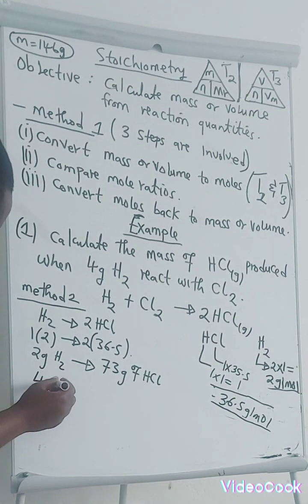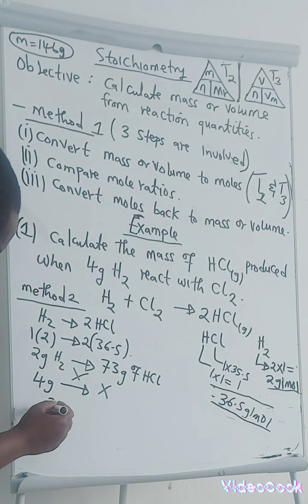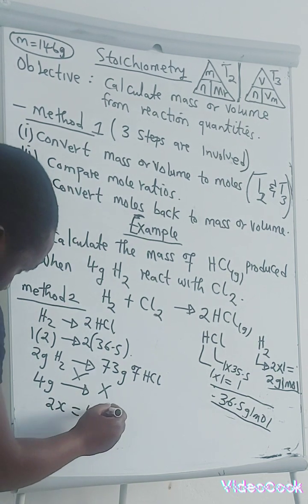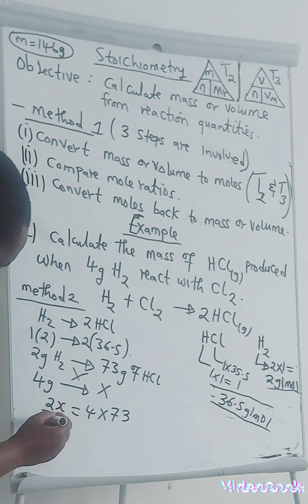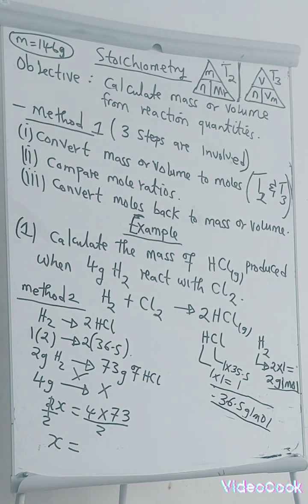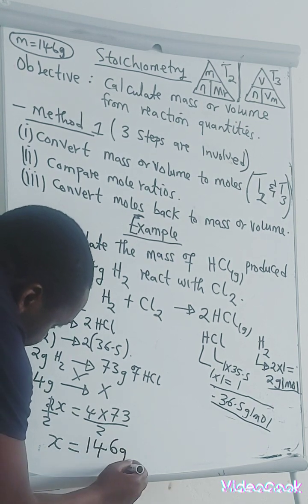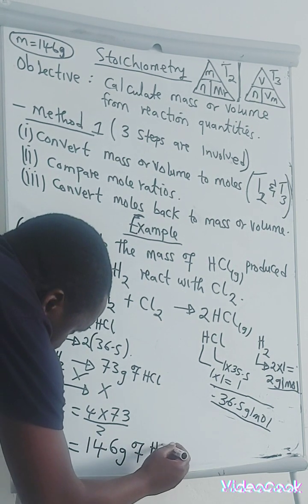What will 4 grams produce? X. Cross multiply: 2x is equal to 4 times 73, so x is 4 times 73 divided by 2, which is 146 grams of hydrogen chloride.